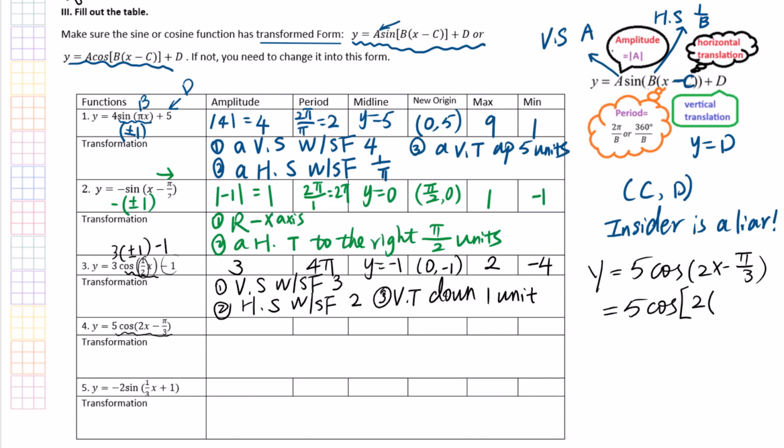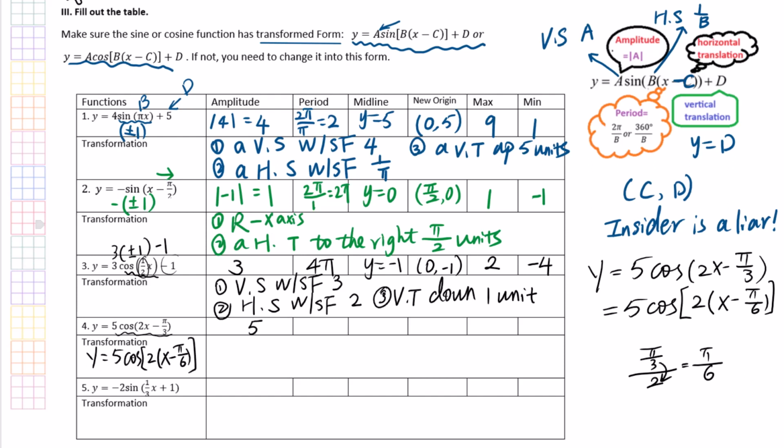In other words, we will make these two a common factor, x minus pi over 3 divided by 2, denominator down, pi over 6. Y equals 5 cosine 2 times x minus pi over 6.